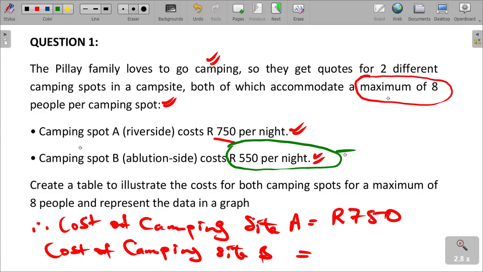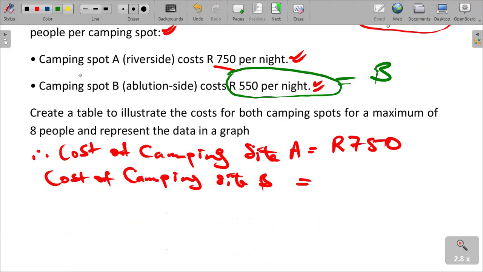When it is like that, we know very well that the cost is what? It is costing 550 rand.